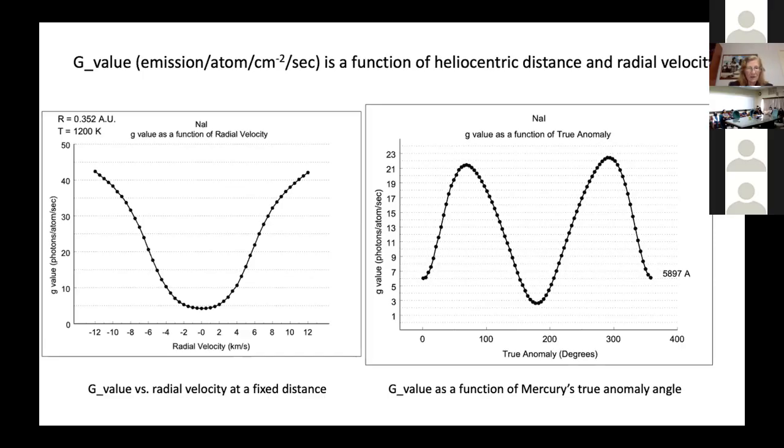And then at higher Doppler shifts, a velocity of plus or minus 10 kilometers per second, your G value can be as high as 40. But when I made these plots, I didn't think about the fact that with radiation pressure, you're being accelerated at even higher velocities relative to the sun. So I then had to extend these curves farther out.